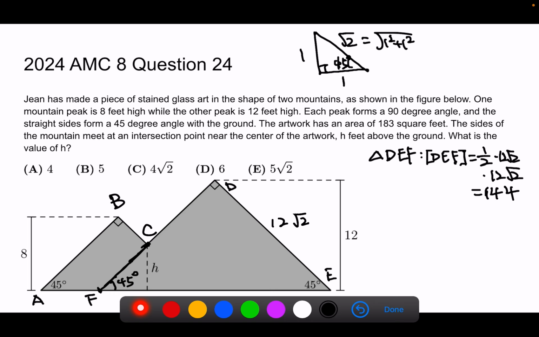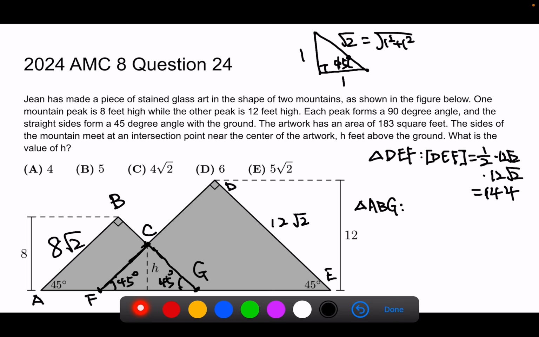Similarly, if you extend BC to here, which is G, you will also get this 45, 45. So triangle ABG, using the same logic, AB is going to be equal to 8 times square root of 2.